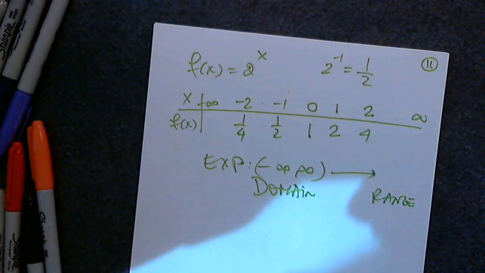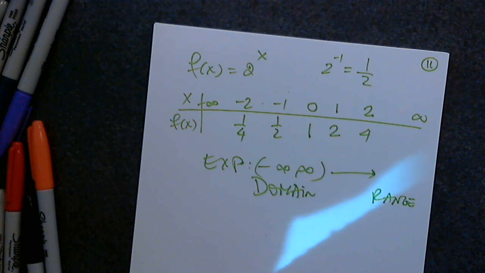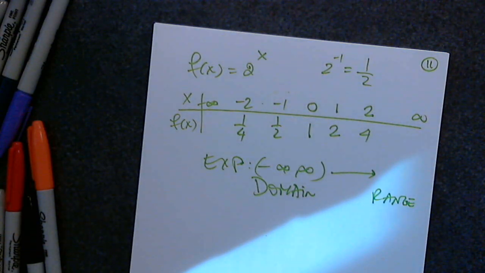Okay, so let's take a look and try to find the range this time. So I'm going that way. 1 over 2, 1 over 8, 1 over 16, 1 over 32, 1 over 64, 1 over 128, 1 over 10 million, 1 over 10 billion. Which direction am I going? So it's approaching 0, but not really hitting 0.